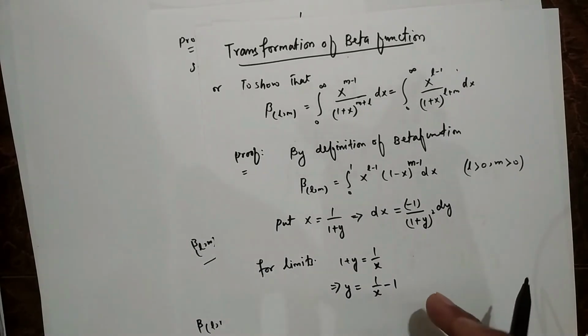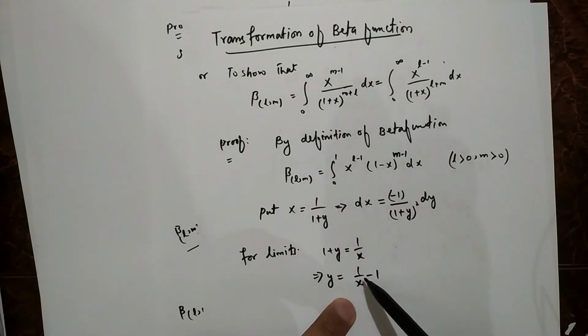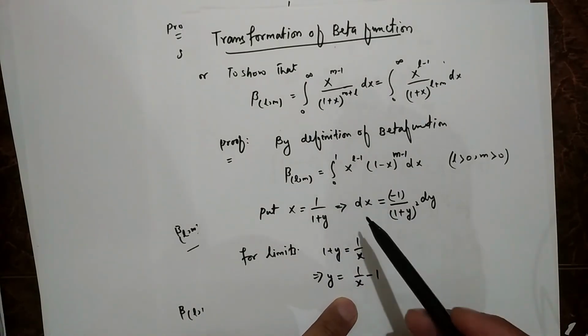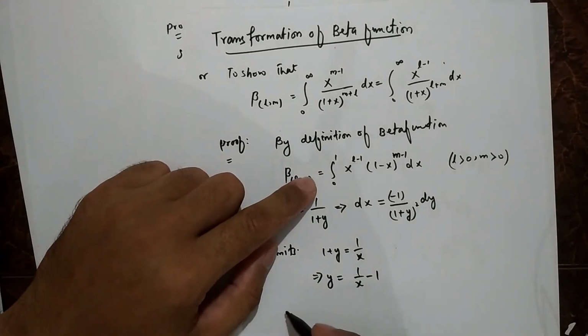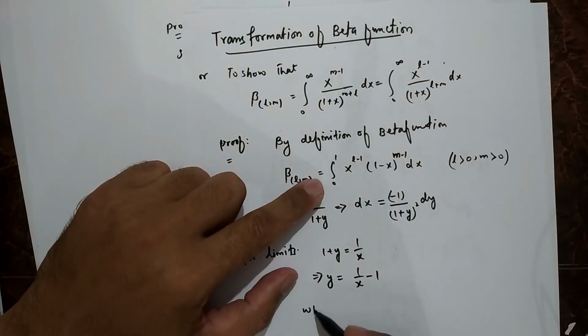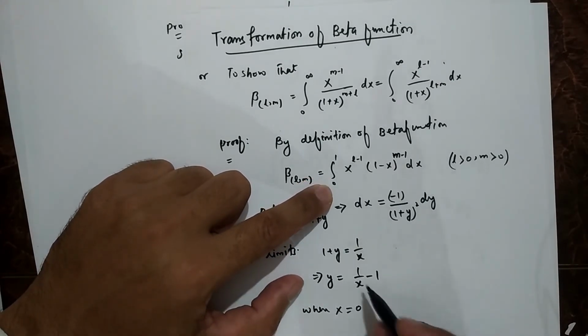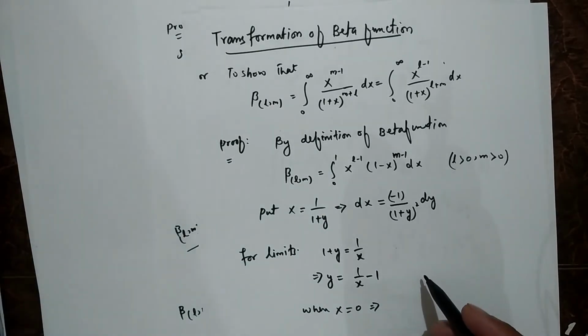So if you put the existing limits for x here, we will get the new limits. For the lower limit, when x equals 0, then 1 upon 0 is infinity.